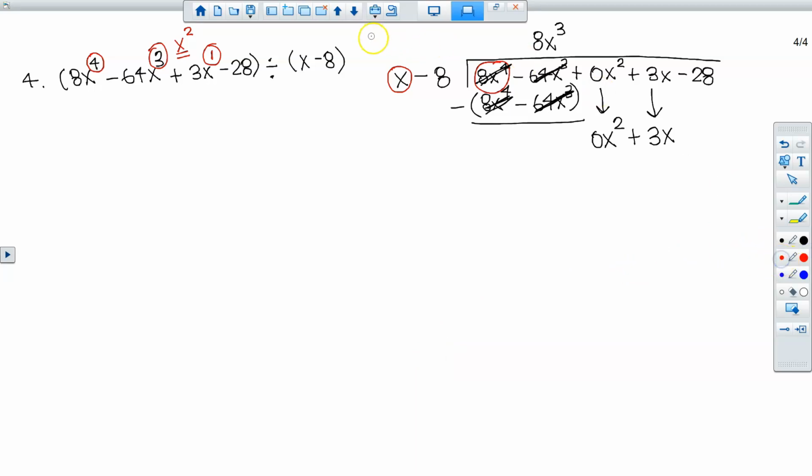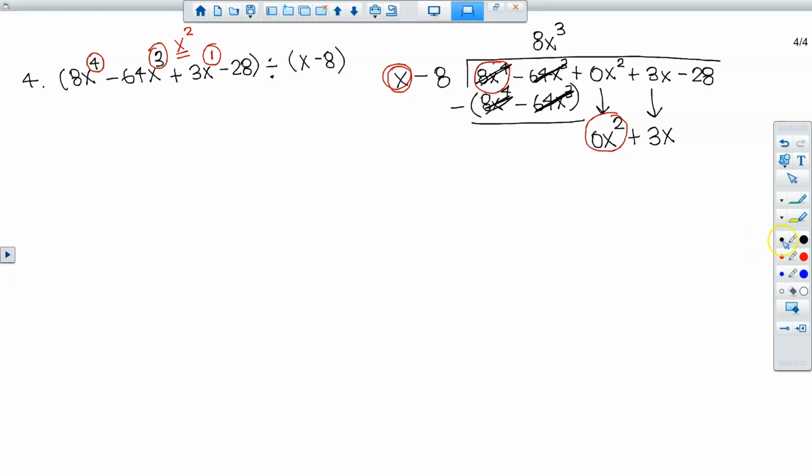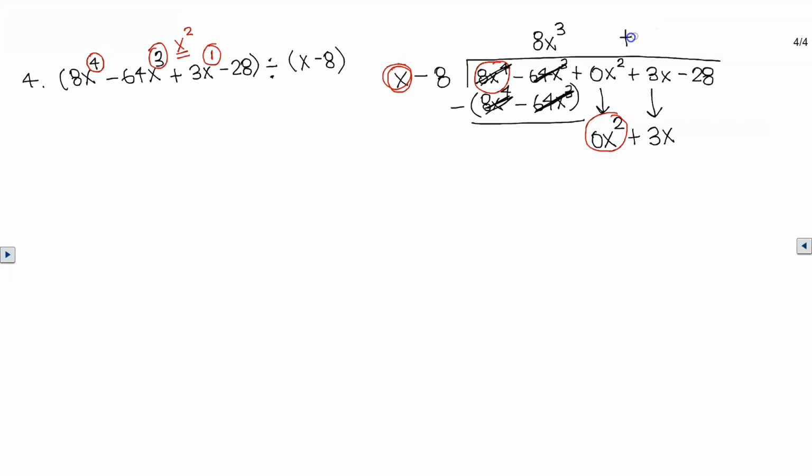All right, so now we're going to ask how many times will x go into 0x squared. So what would we have to multiply times x in order to get 0x squared? And the answer is we would have to multiply by 0x. Now I'm going to scoot over here to put that because I want it to be above the x term in my problem.